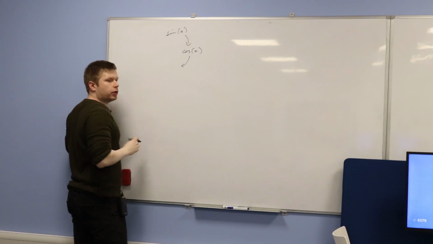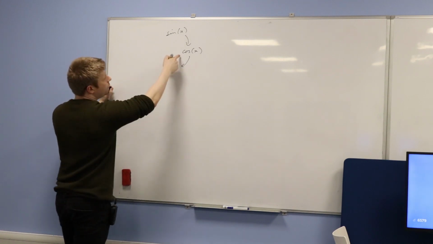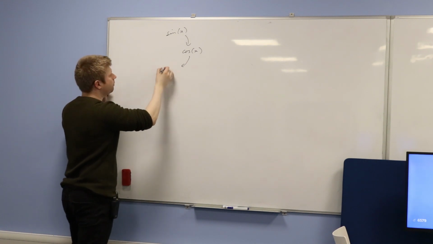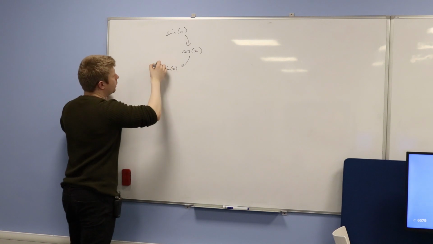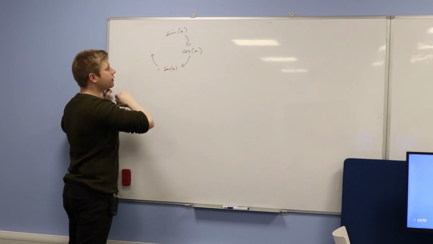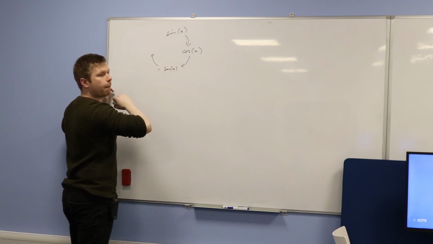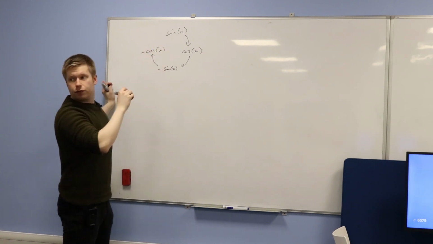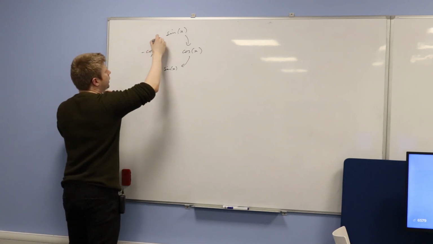If you differentiate cosine, what do you get? Good, well done. If you differentiate negative sine, what do you get? Perfect. And if you differentiate negative cos, what do I get? Back to sine again.